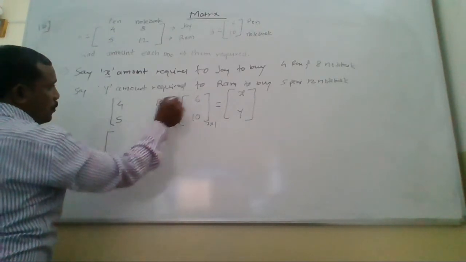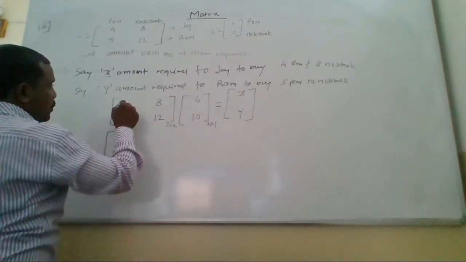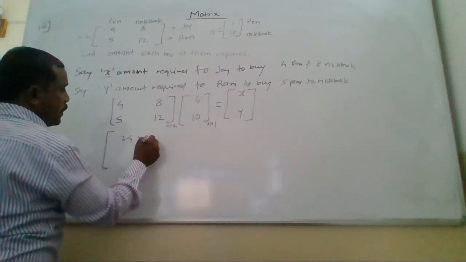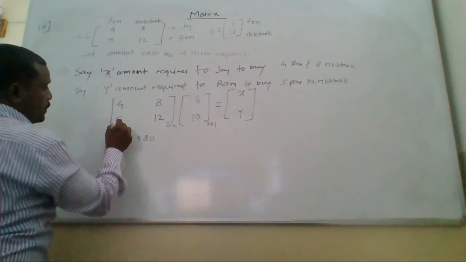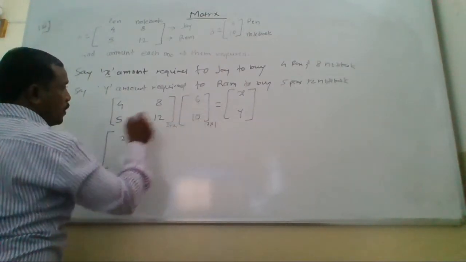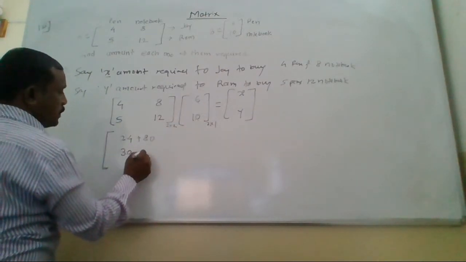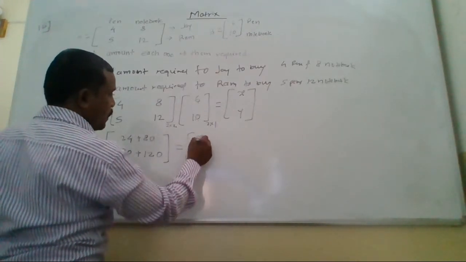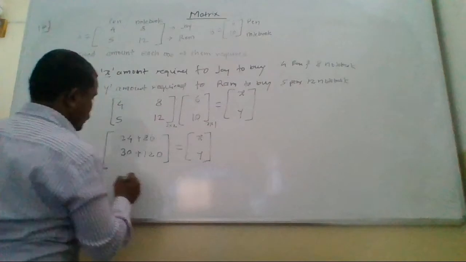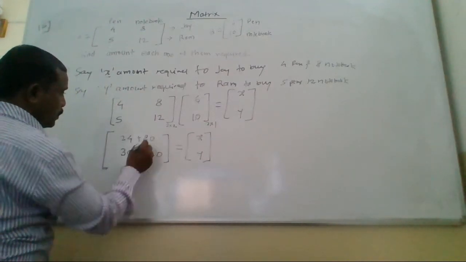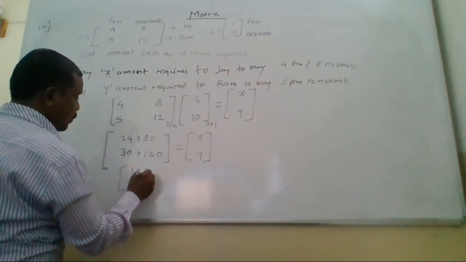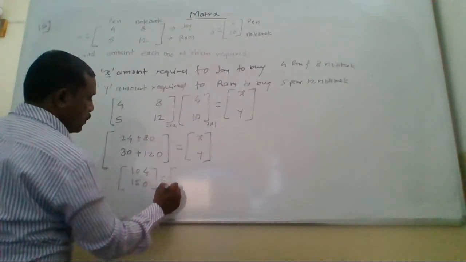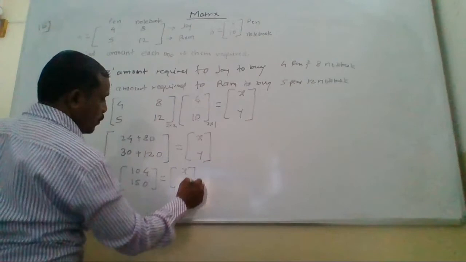So therefore multiplication exists. Again multiplication of first row with first column, so 4 into 6 24 plus 80, and second row with first column, so 30 plus 120, so equal to X Y. Therefore 104 and 150 equal to X and Y matrix.